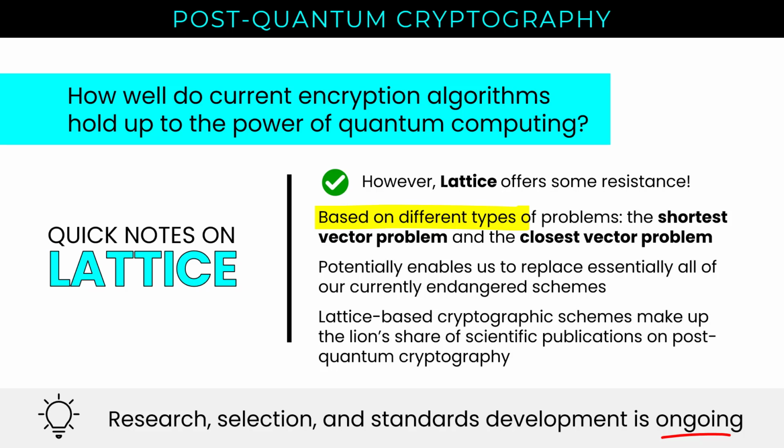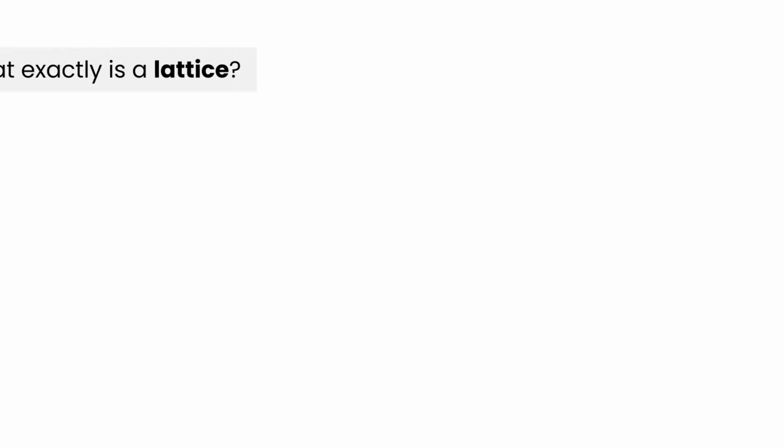They're in the finals of choosing the algorithms that will win and be moved towards standards for quantum safe algorithms. And I believe 3 of the 5 finalists are lattice-based. So I believe it's going to be lattice-based cryptographic schemes that will sort of save the day in this respect.